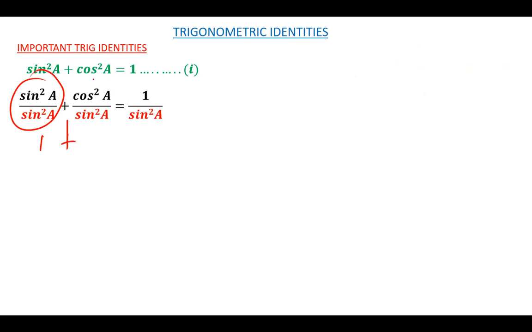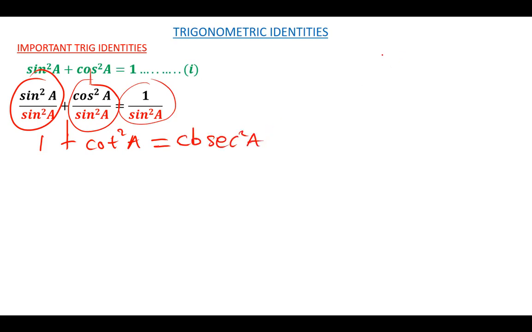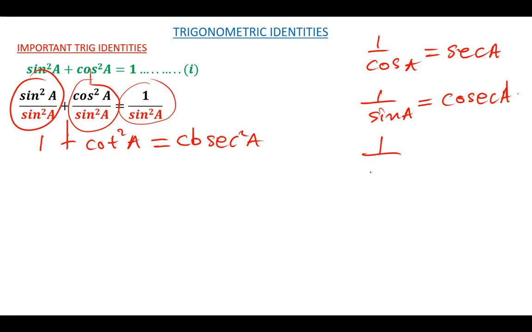Then plus this part here, this one is cot squared A. Then 1 over sine squared A is simply cosec squared A. I said 1 over cos A is equal to sec A. Then 1 over sine A is equal to cosec A. Then 1 over tan A is equal to cot A.